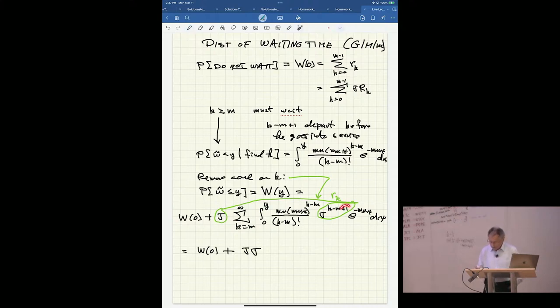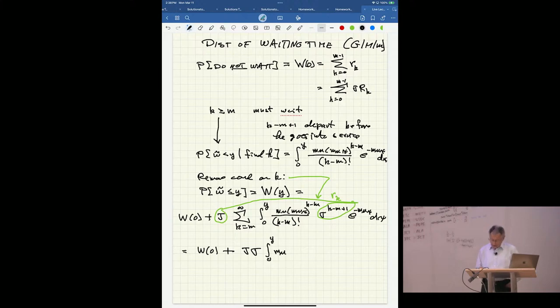I'm going to pull that out, so everything else is a k minus m, k minus m, k minus m. Okay. Then I'm left with the integral from 0 to y. Remember, I have to be less than or equal to y, so I'm integrating only from 0 to y of what I had, which is mu.